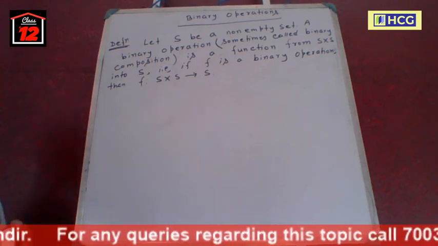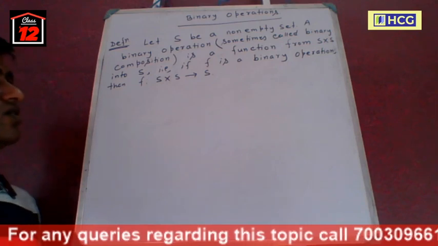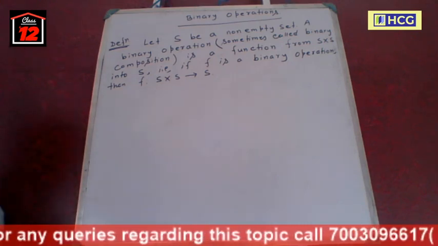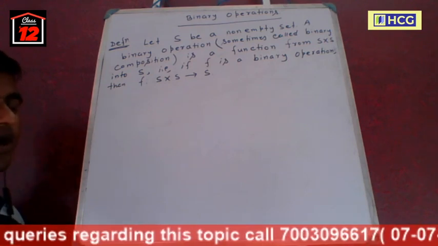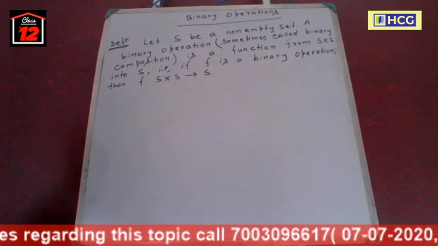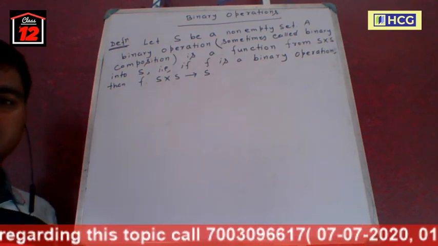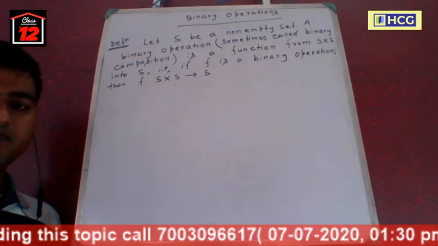This function is S cross S into S. So this is the definition of binary operation. This is a function from S cross S to S. Then F is called a binary operation on S.